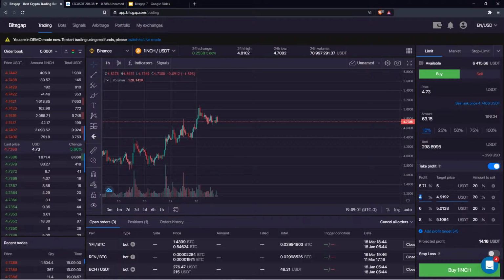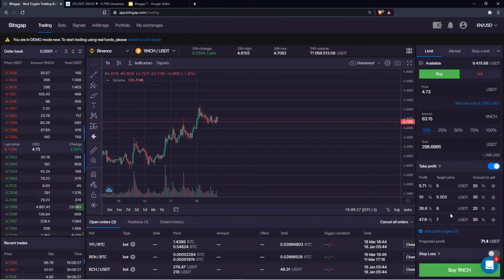So you can also set it to 10%, and it will automatically calculate the exact price at which it's going to execute this take profit. Let's say I want to sell here 30%.